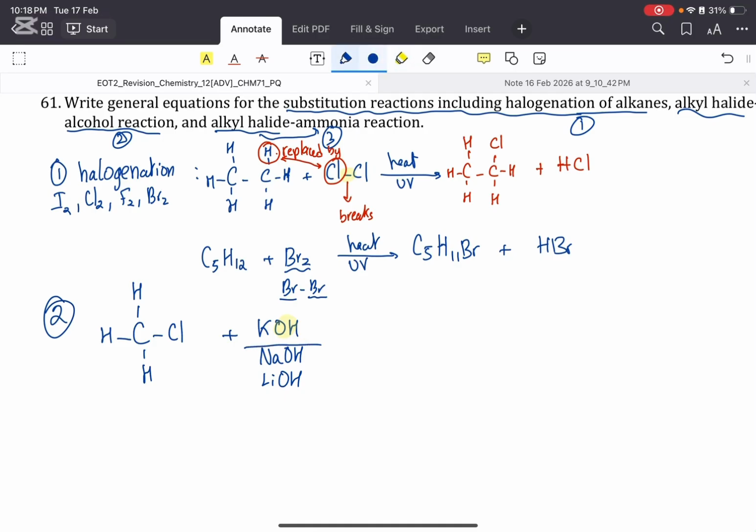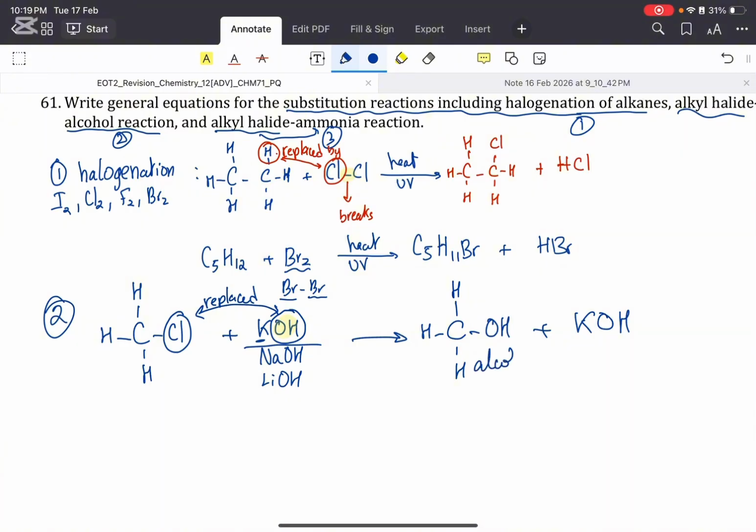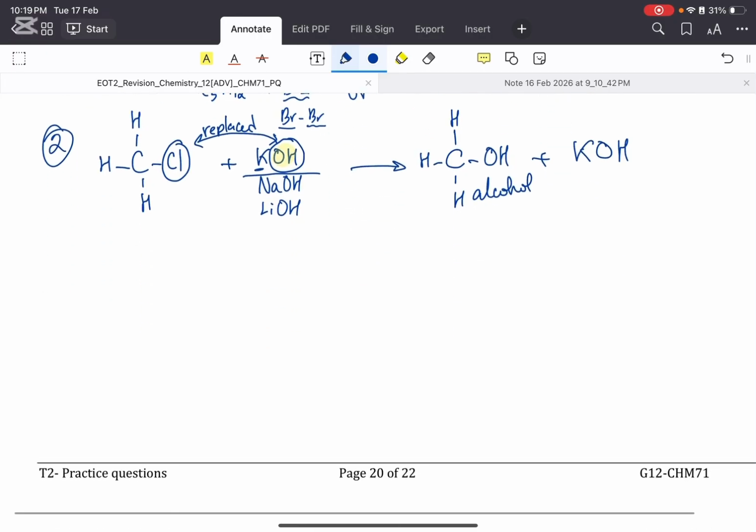What's going to happen is that this one over here and this one over here will be replaced, switched. So what I'm going to get is C, hydrogen, hydrogen, hydrogen, and instead of Cl, now it is OH. Now where does the Cl go? It's simply going to join the K over here. And like this, I formed an alcohol from an alkyl halide by a substitution reaction.